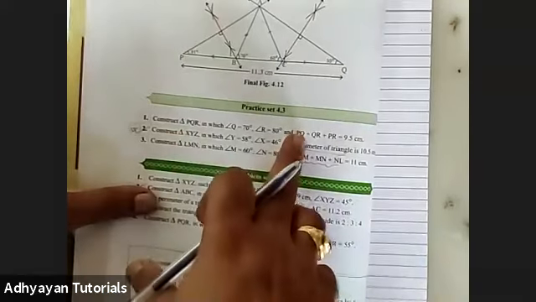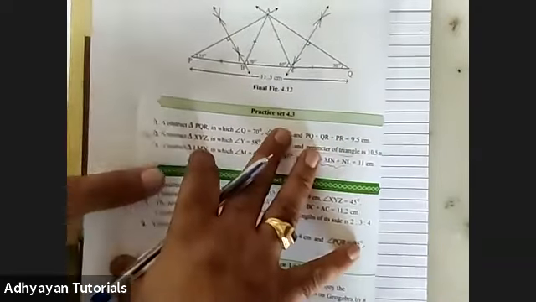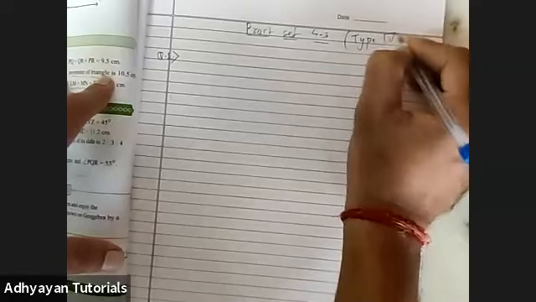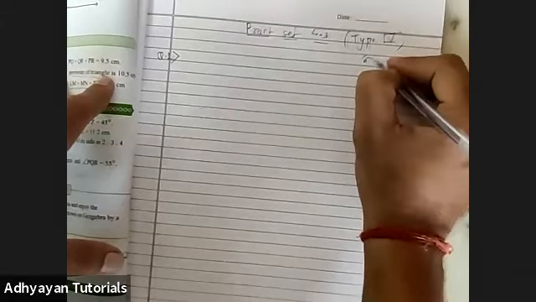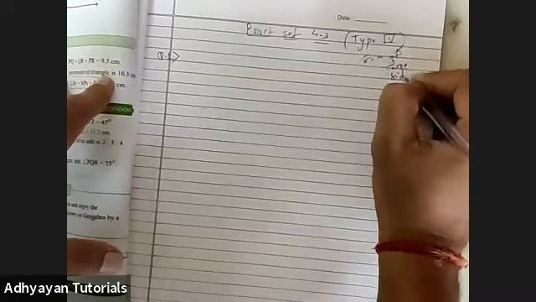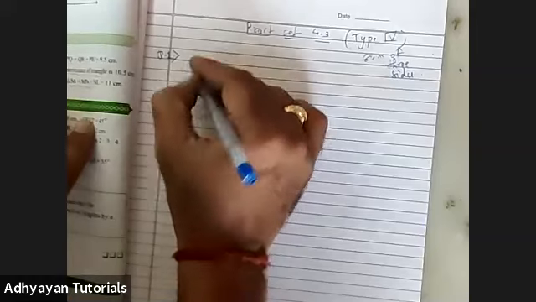Right, here if you look, the addition of three sides is given, so let us try and understand what is to be done in this type of sum. So I would just mention it as type 4, wherein what is given to us is the sum of three sides, right?